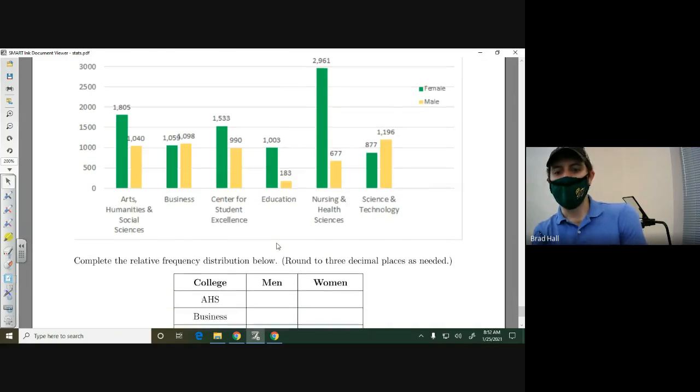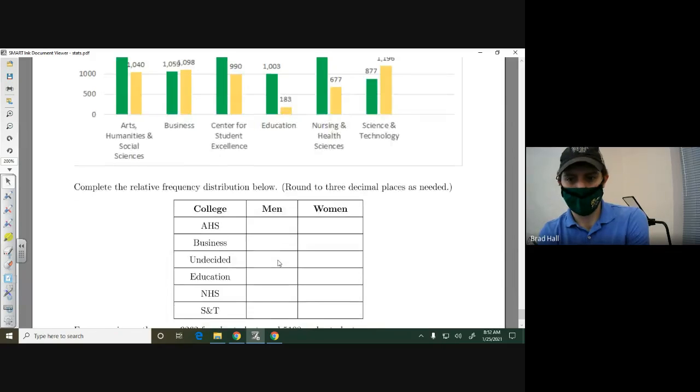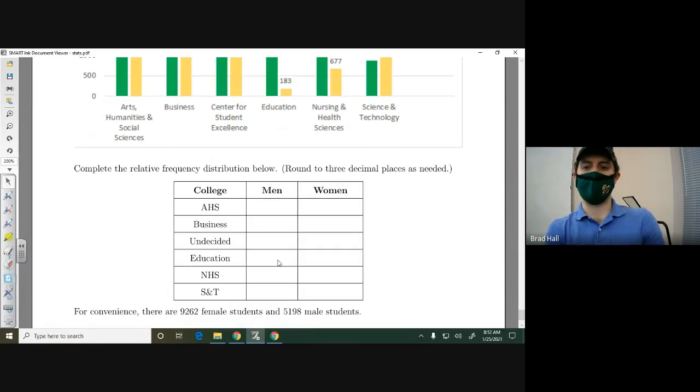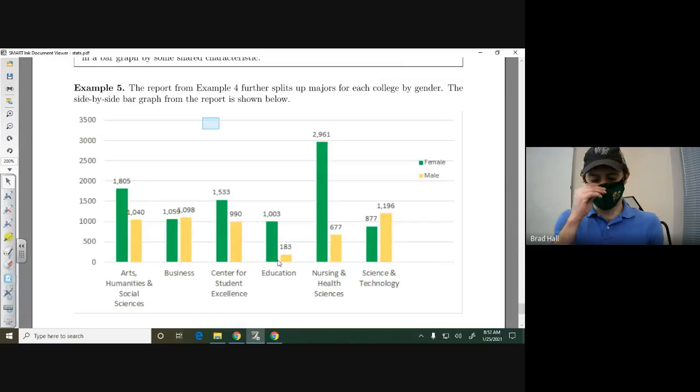And using this, we can go ahead and figure out the relative frequency distributions. You might think, how do we figure out the relative frequency distributions? We need to take the number of people and divide that by the total number of people.